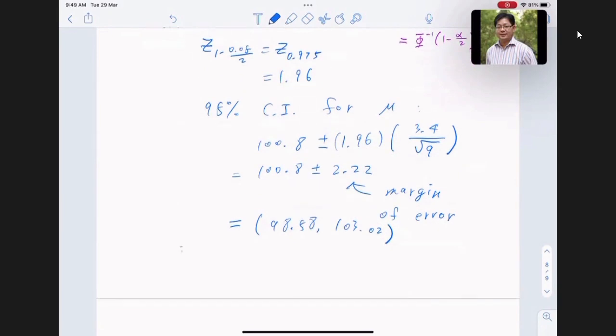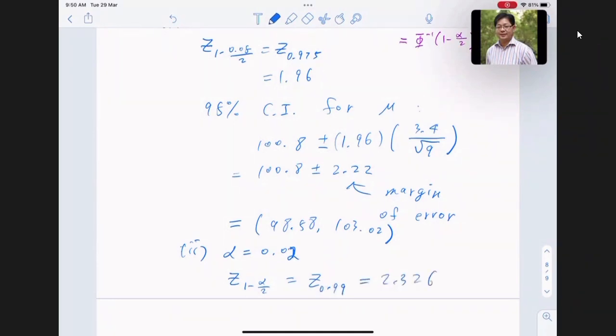Now, in part 2, we are asked to find the confidence interval with another coverage. We are asked to find a 98% confidence interval, so alpha is 0.02, and the quantile will be the 0.99 quantile.